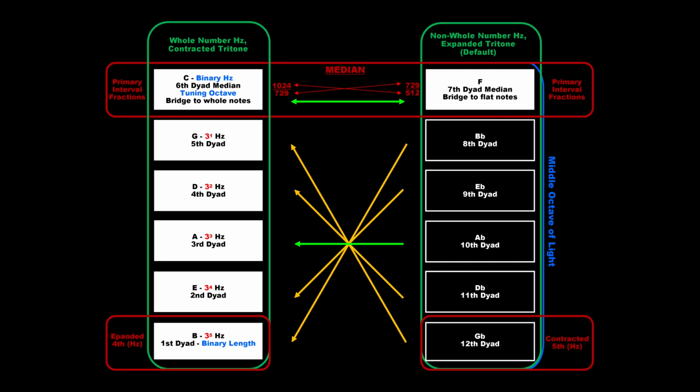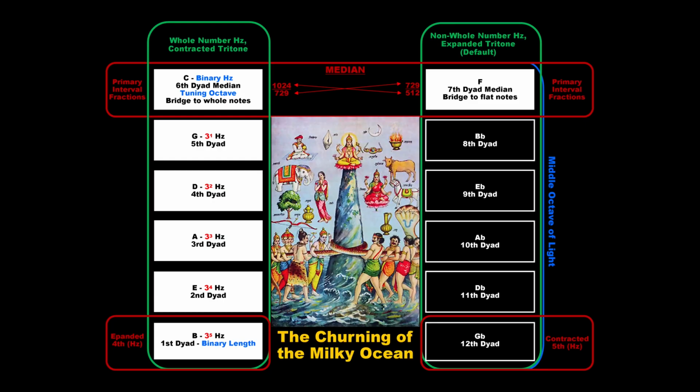And when I look at this structure of how this musical system is generated, things start coming to my mind. In a documentary series called Magical Egypt, they talk about the churning of the Milky Ocean.